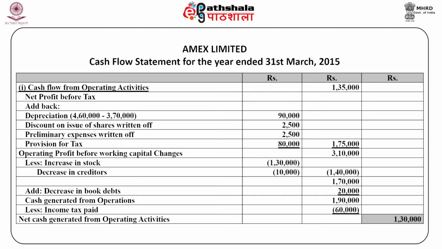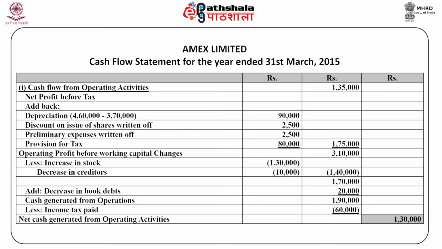Add back depreciation, which is the difference of 4 lakh 60,000 minus 3 lakh 70,000, which is 90,000. Discount on issue of shares written off 2,500. Preliminary expenses written off 2,500. Provision for tax 80,000. Total of this comes to 1 lakh 75,000.